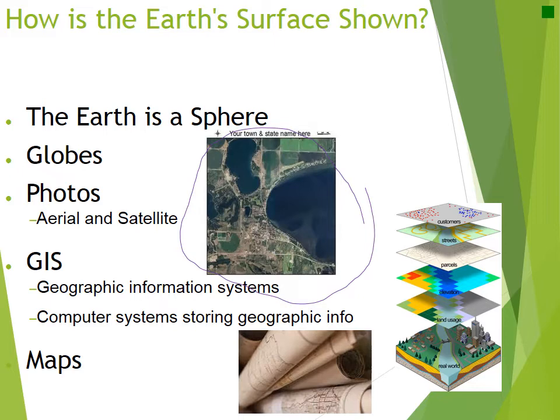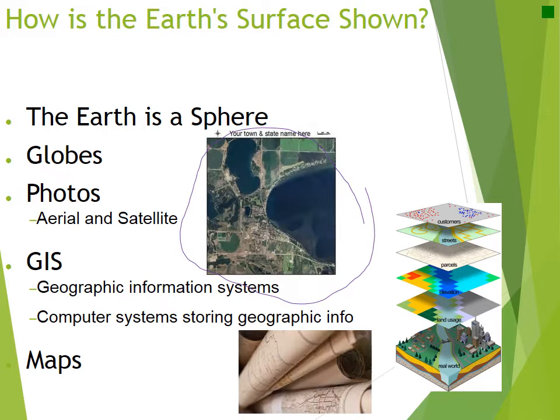And so we can really take these satellite images and get really, really detailed, down to seeing a fly on the ground, pictures of the Earth from these amazing cameras that they have on the satellites. Okay, and so those are really, really good ways of getting to see what the Earth actually looks like.